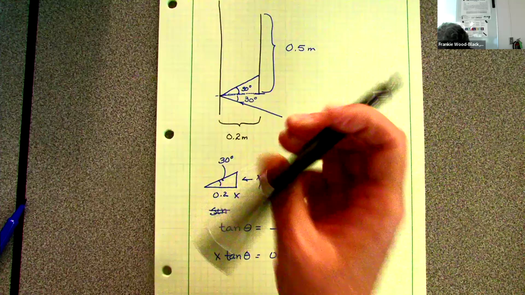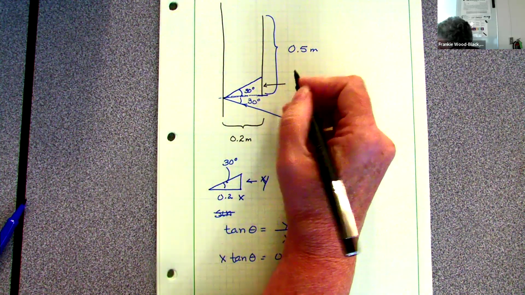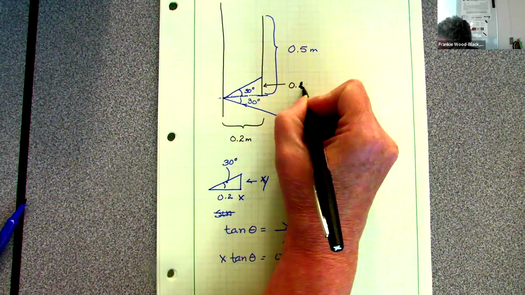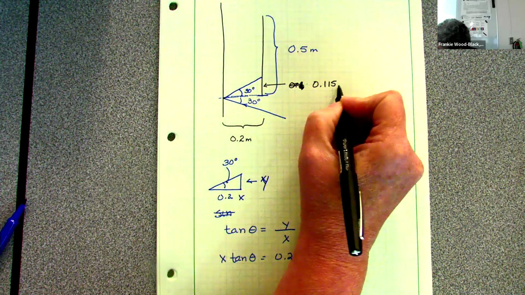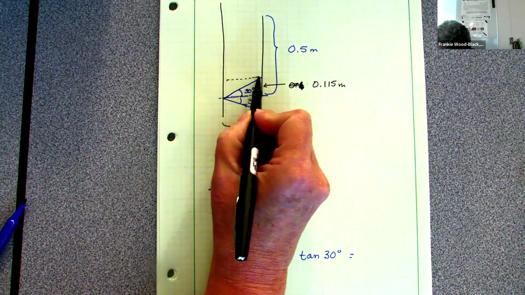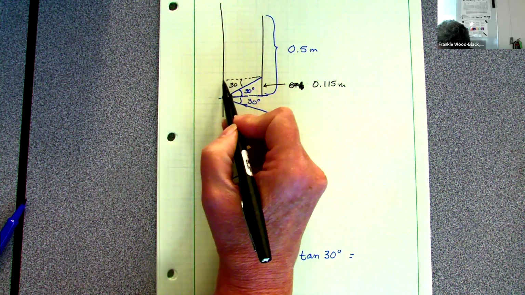This says that this part right here is going to be 0.2, or no, 0.115 meters. But now we can do this one because we know that this angle is 30 degrees.